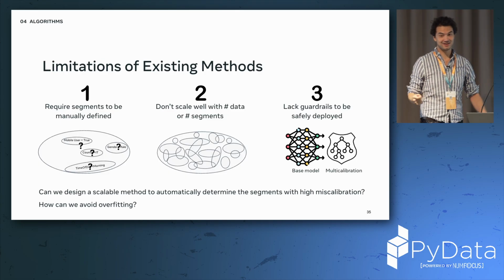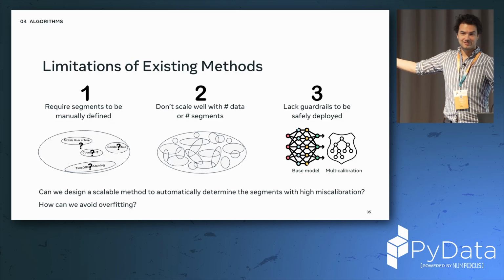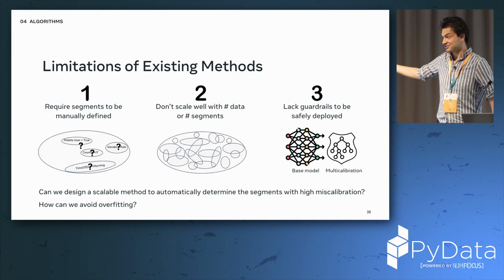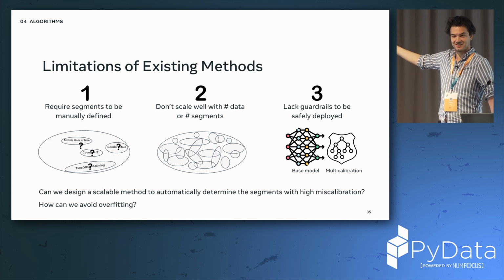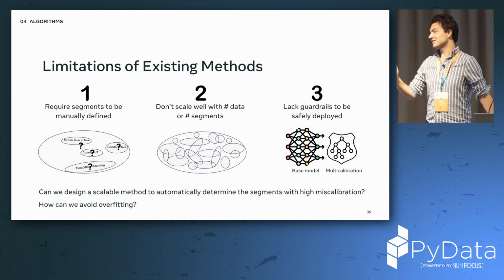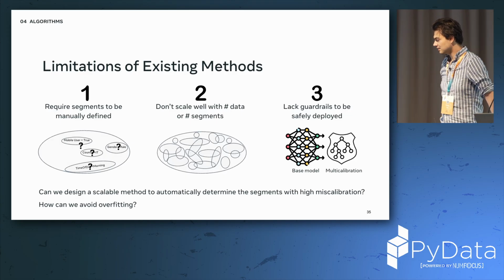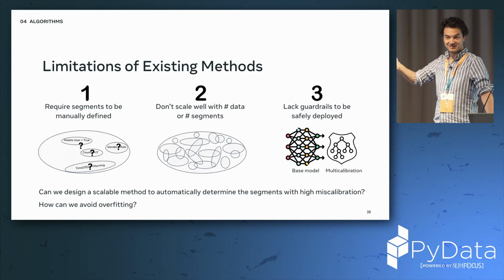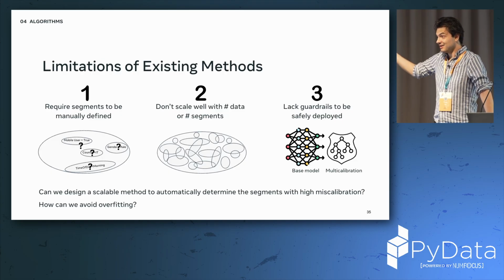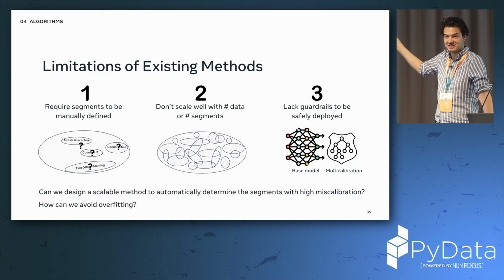We don't want to say focus on Android users who are teenagers. We just want to say, this is a gender feature, this is a country feature, this is a type of device feature. If there are any segments in here that are miscalibrated, then find them and fix them.